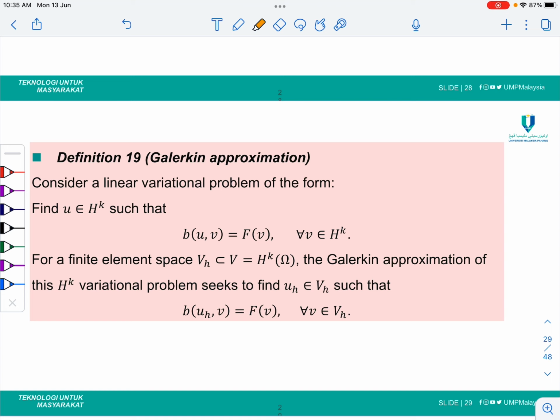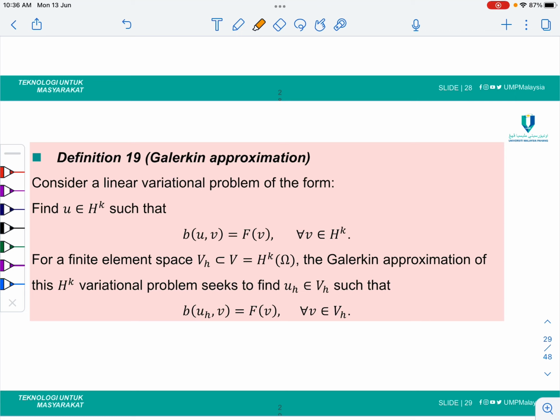Consider a linear variational problem of the form: find u in H^k such that b(u,v) equals f(v) for all v, the test function, in H^k.